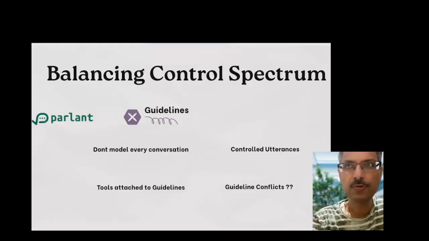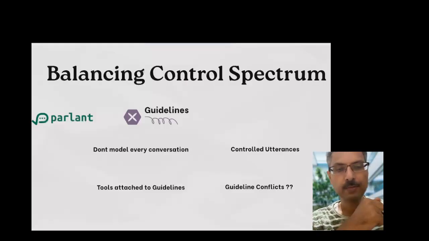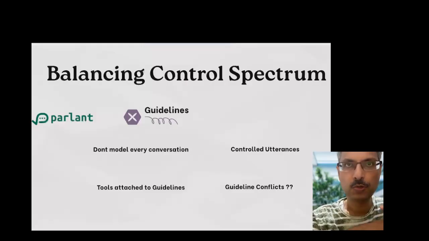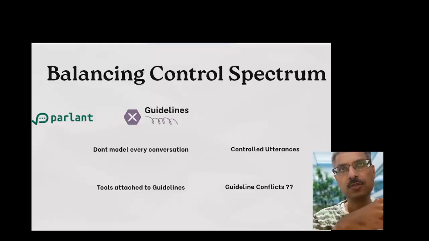The other issue with language models is that they can say unwanted things, they can imagine things, and they can say the right thing in the wrong way. So how do you prevent the bot from uttering whatever it wants to, or at the wrong point? In this case, the idea that Parlant uses is that of controlled utterances. It asks the user to specify what the bot should use, the format. Okay, and it doesn't just pick one of those.